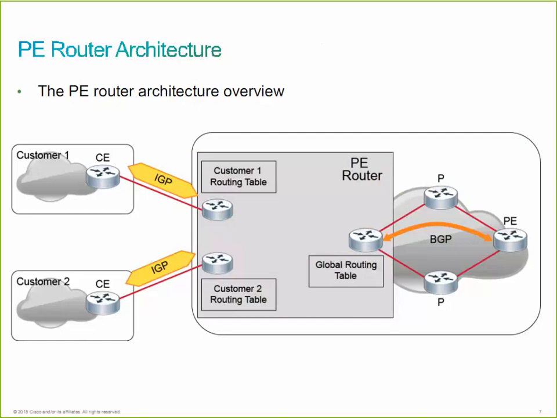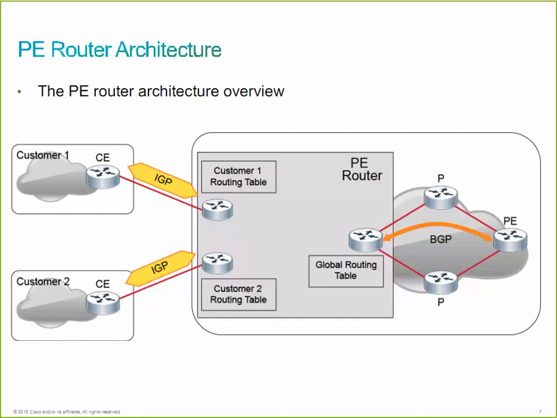Essentially what we're doing is we're virtualizing routing for each customer. So it would be similar to saying each customer has their own router, basically. All right. The other thing that the PE router has to do is it has to establish the IGP routing adjacency with the CE router so that we can actually get the routes from the customer.